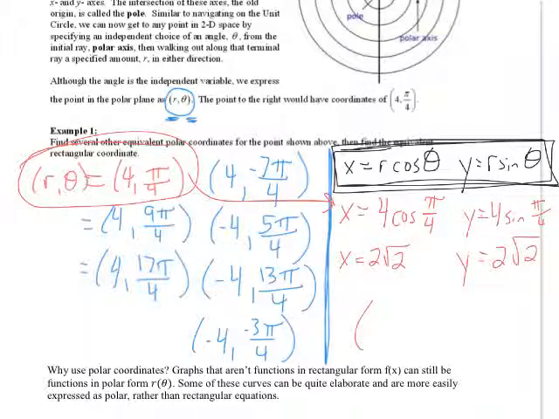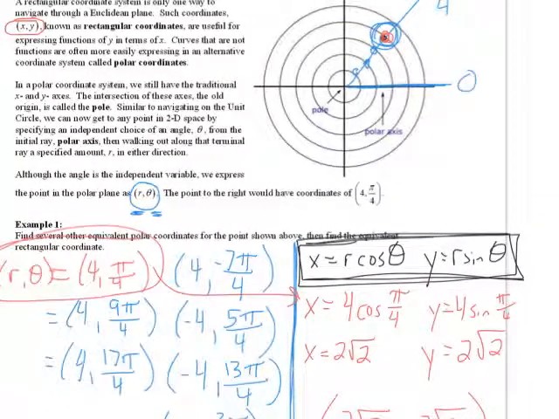So in rectangular coordinates, we are located at (2 root 2, 2 root 2). Looking at our graph, that seems about fair. We've gone out a little over 3 units, and we went up the same amount. So that distance was 2 root 2 and 2 root 2.